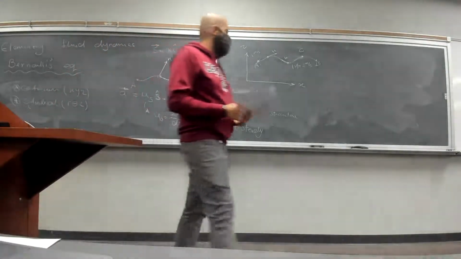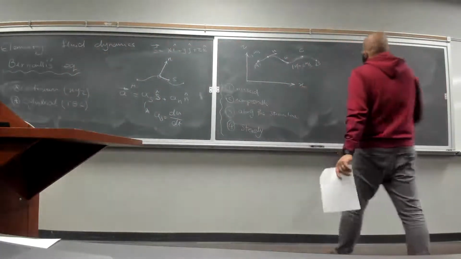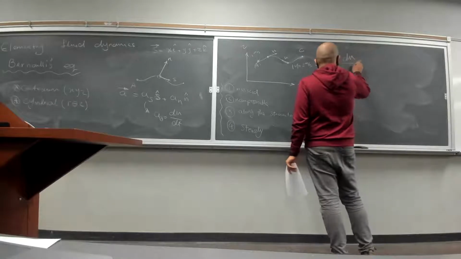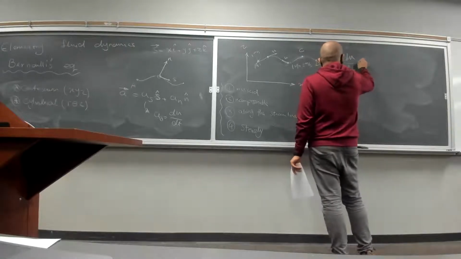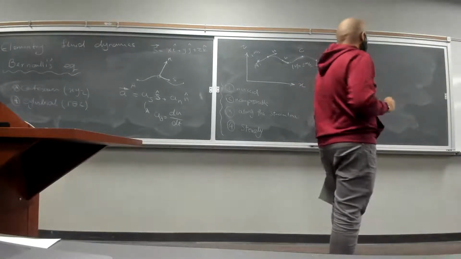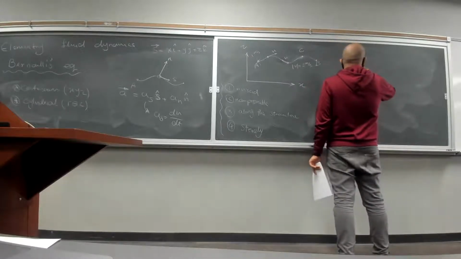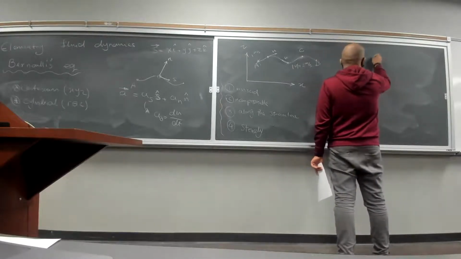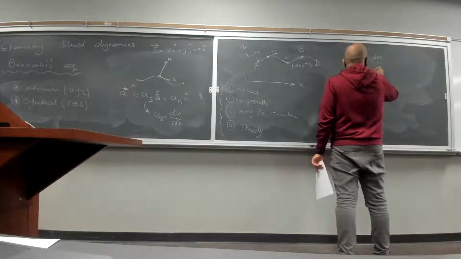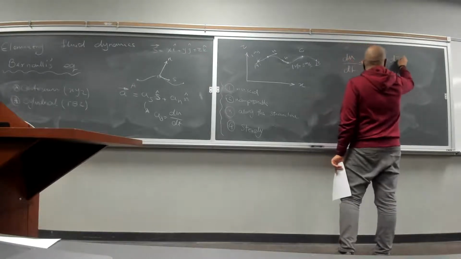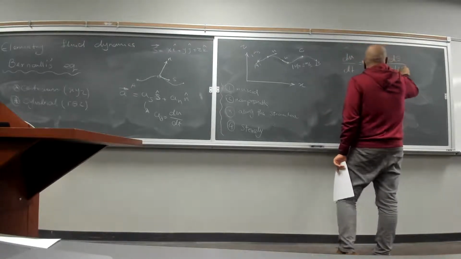So how should we look further into this? How should we try to formulate this in a way that makes a little more sense? We have to play a little mathematics here. So let's multiply and divide this whole thing by ds.